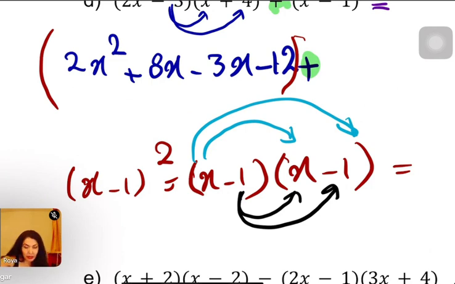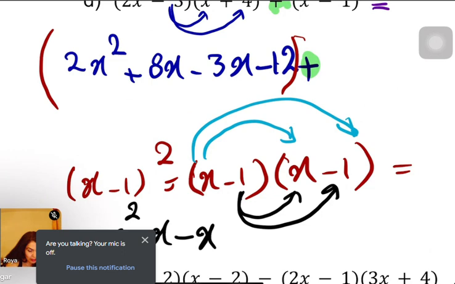It is going to be x squared minus x plus 1. Negative 1 times negative 1 is 1.